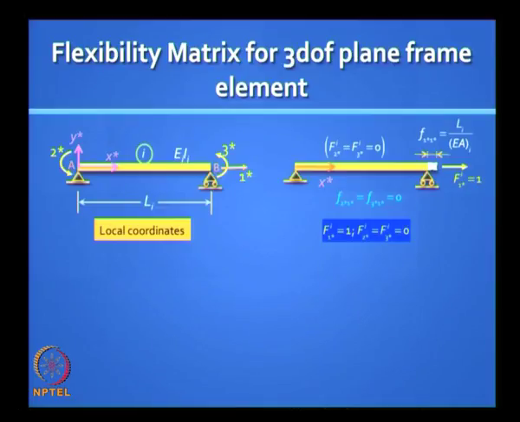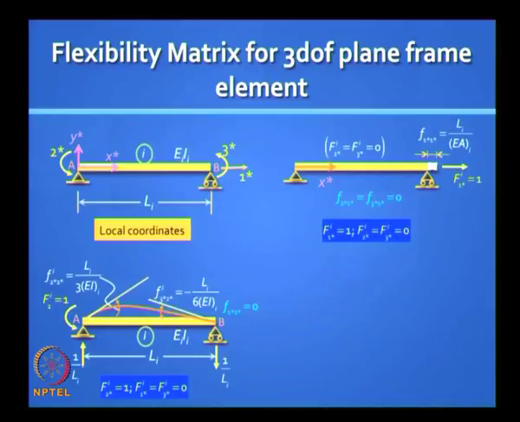So here when you pull it, you are not going to get any moments, it's just like an axial truss element. You know that the deflection, the lateral elongation you get is the extension in that element. It is the flexibility, axial flexibility L by EA, clear, and that's your F1 star 1 star. Next you apply a rotation.